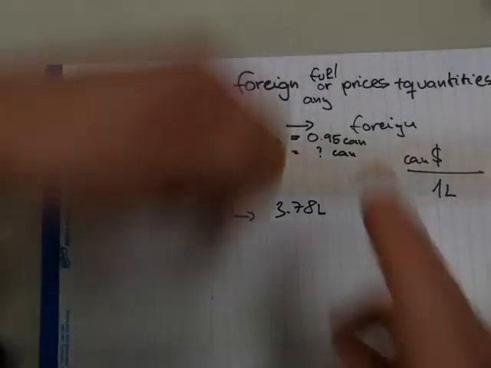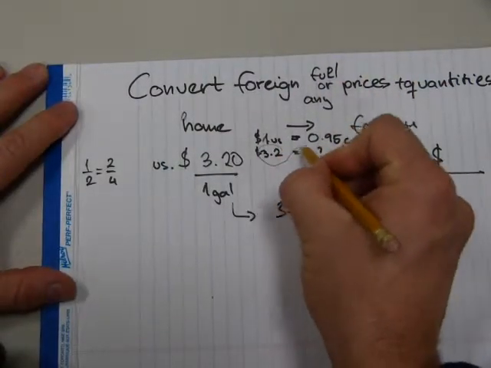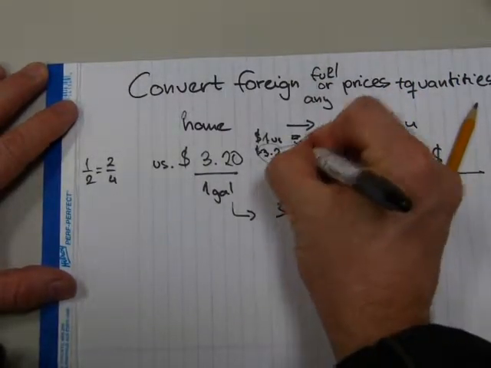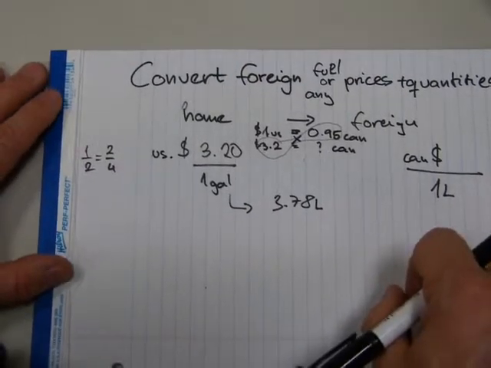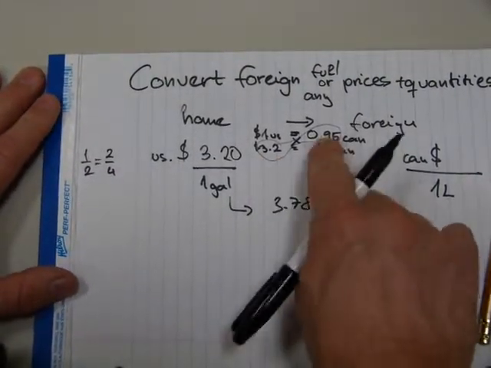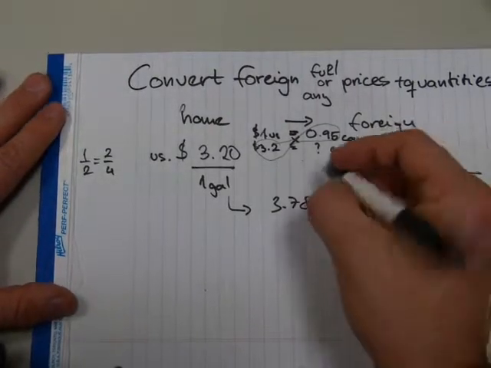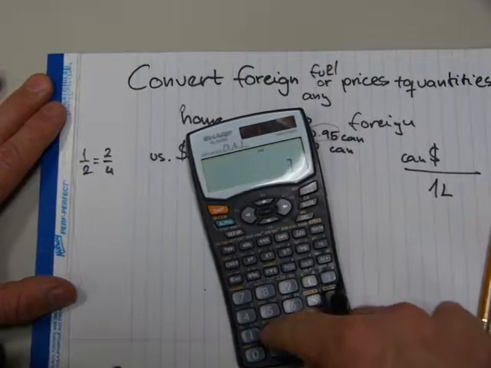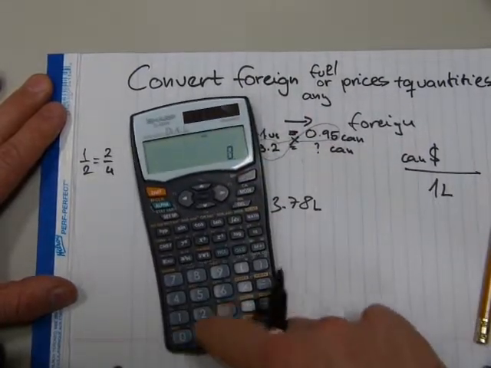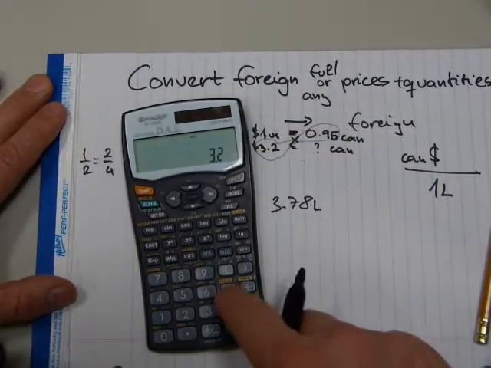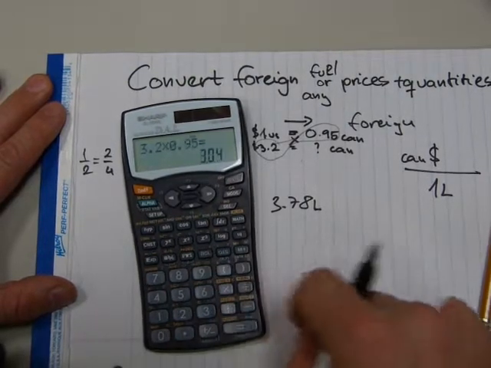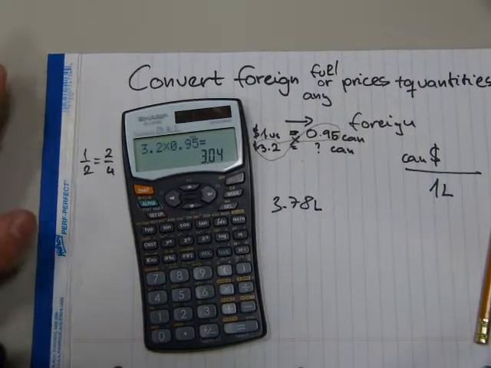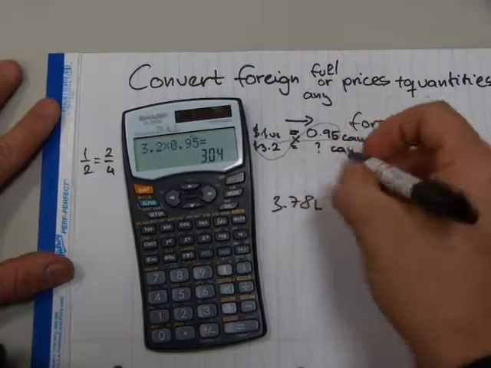So you have to multiply these two amounts together, and it's fairly straightforward to see that you have to multiply the price with the exchange rate in this case. When we do that, we get 3.2 times 0.95. $3.20 American will buy us $3.04 Canadian.